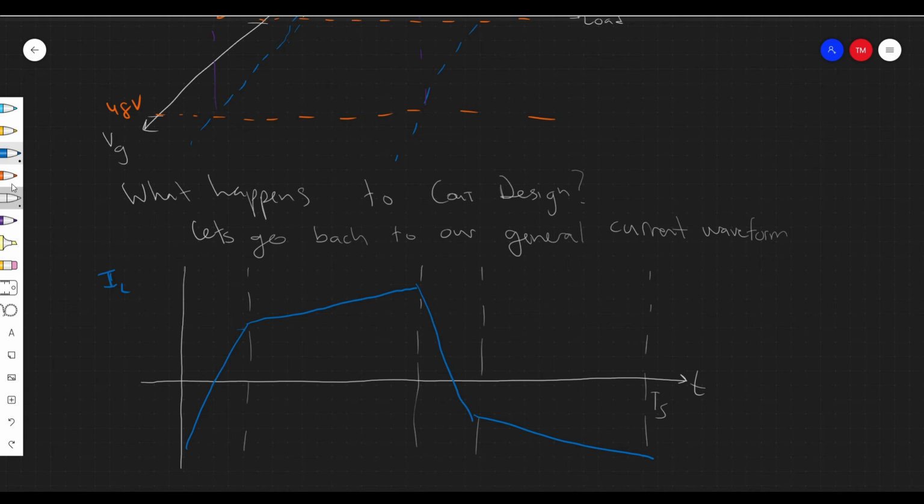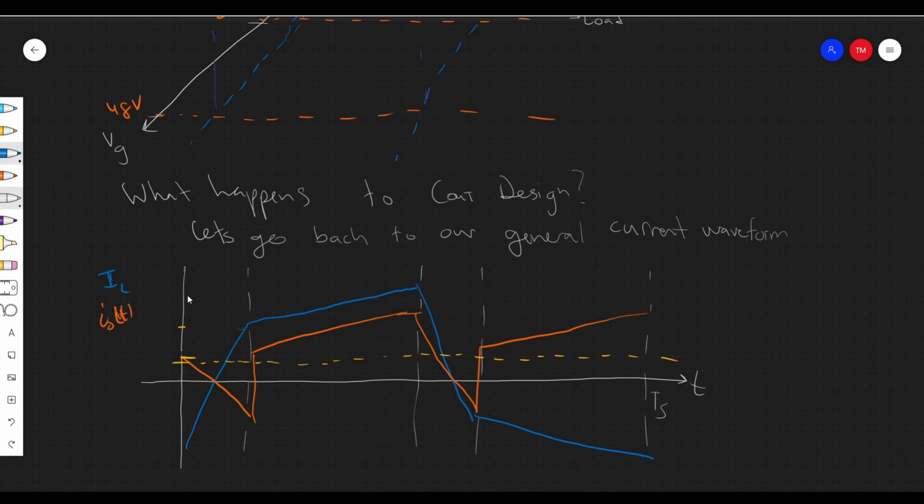And then if we consider the output current, the rectified and scaled version of this, it might look something like this. And similarly, we would have our output current somewhere here.